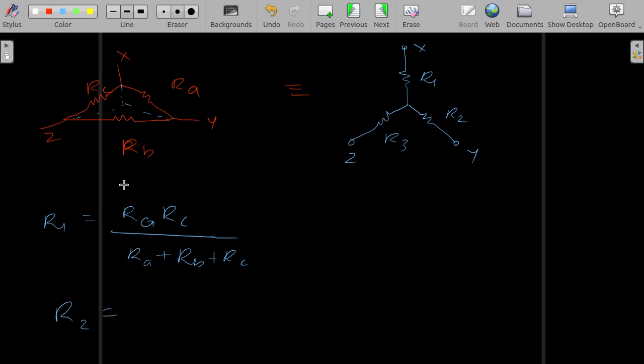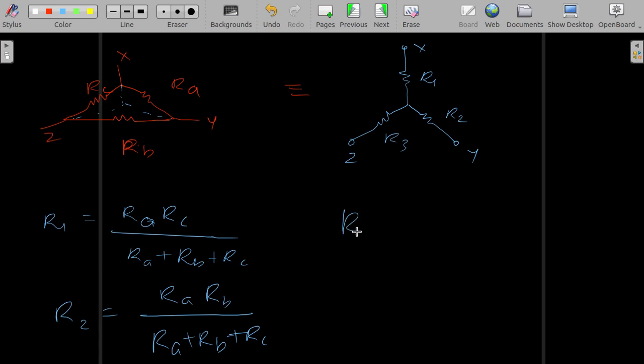R2 is equal to RA into RB divided by the sum, so RA RB divided by RA plus RB plus RC.